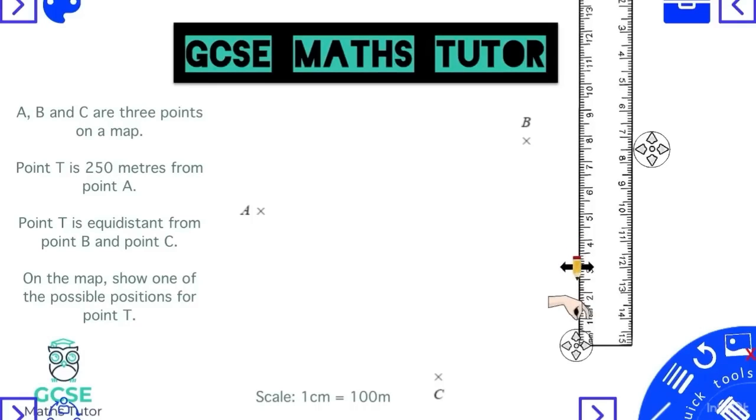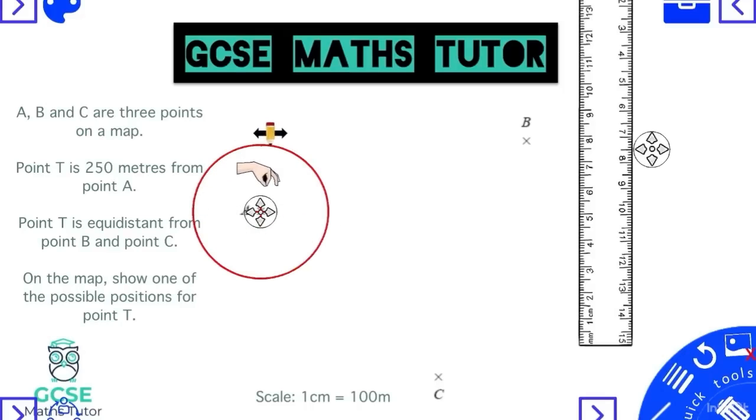Then we're going to draw a nice circle around A, and that will show us all of the points that are within that 250 meters. So now we know all of the positions that are 250 meters from point A.